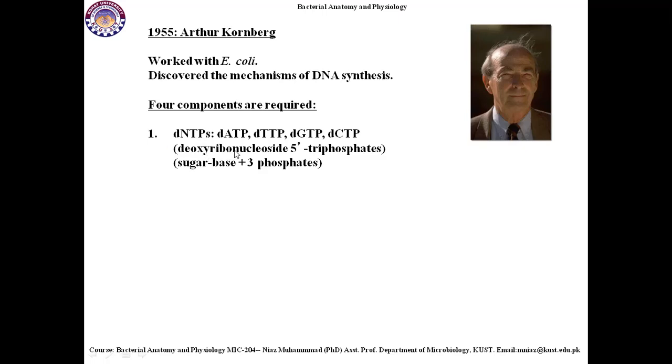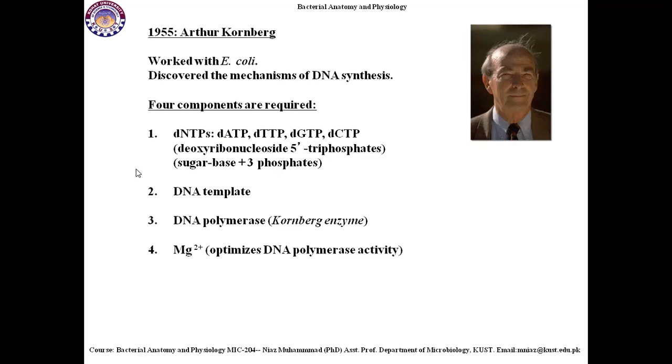One, deoxyribonucleoside 5' triphosphates, which have a sugar molecule as a base, and a phosphate molecule is present at the fifth carbon atom. Two, DNA template, which is provided by the parent DNA.